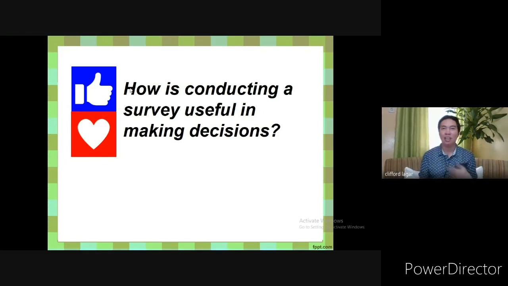By conducting a survey, we get to know the consensus of the people: what people like and don't like, what's in and what's not. To connect this with our previous lesson, it is needed when we want to start our small business. We need to know our market first.